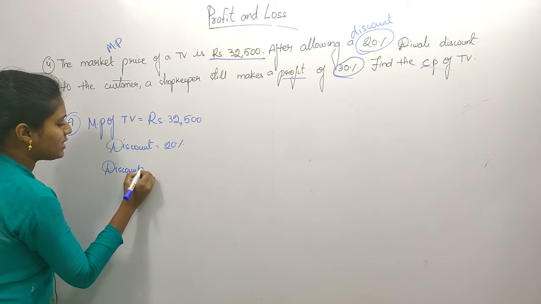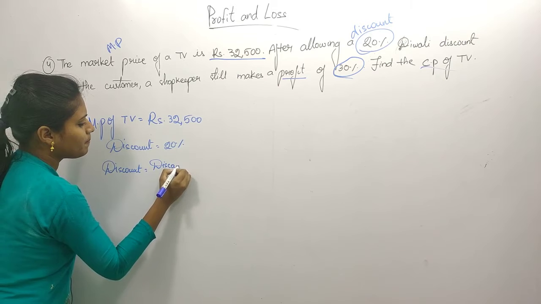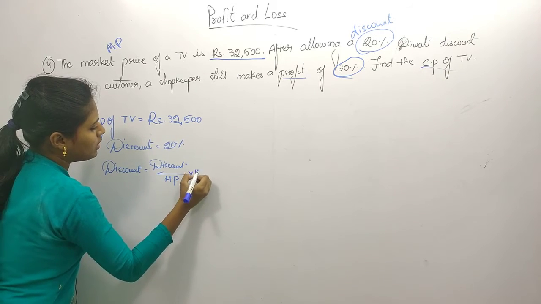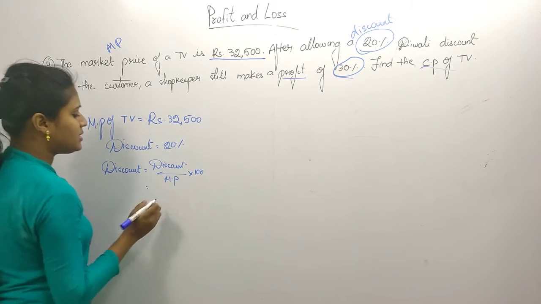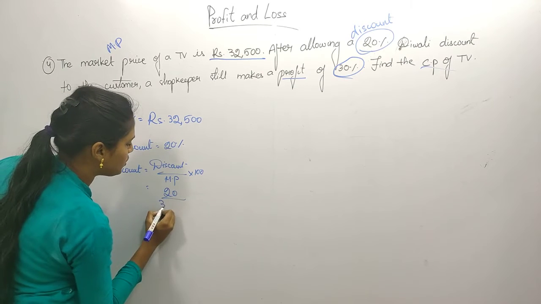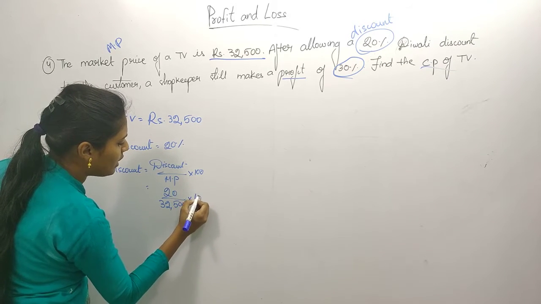What is the discount formula? Discount equals discount percent by 100 into market price. Discount given is 20, market price is 32,500, by 100.